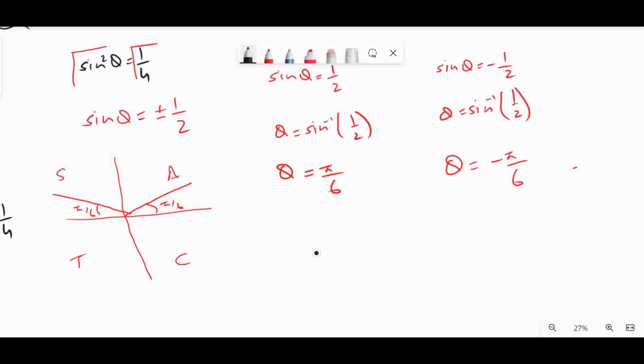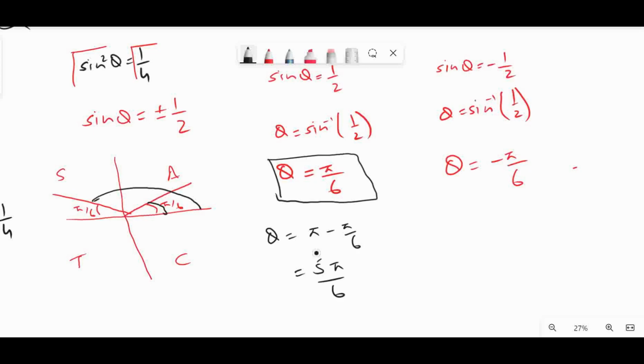So we need these two angles, this angle and this one. This is the one answer, and now let's see the other one. This whole angle, theta, will be equal to pi minus pi by 6. So this will be equal to 5 pi by 6. So this will be the other answer for the angle.